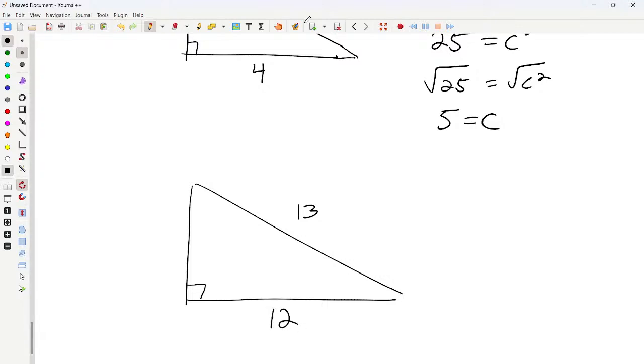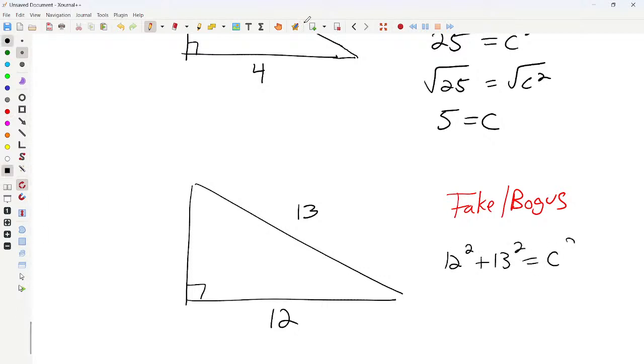Find the missing side. Here is a fake, bogus answer. So I don't know if you want to write it down. But I've stressed something now twice, and I'm going to really emphasize it right now. This is going to be fake. 12 squared plus 13 squared equals c squared.